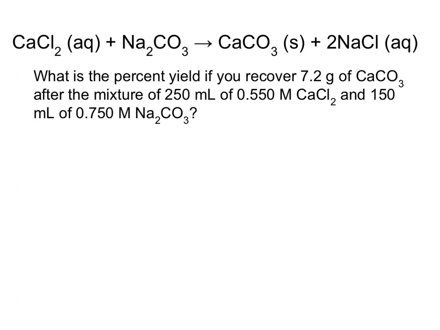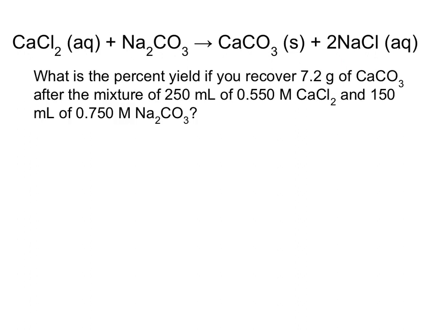Now let's go ahead and put together all of the various tools that we've learned in stoichiometric calculations. In this precipitation reaction, we're going to react together aqueous calcium chloride and aqueous sodium carbonate to form a precipitate of calcium carbonate and aqueous sodium chloride.